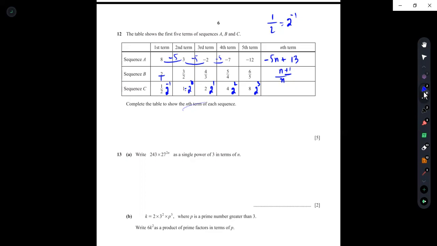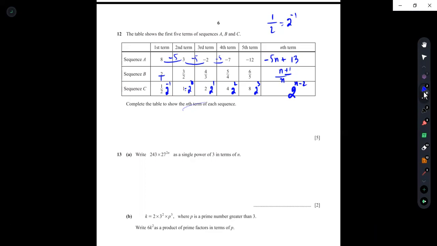In the third position, the power is 1. So from the position, if we take 2 out: 3 minus 2 is 1, 2 minus 2 is 0, 1 minus 2 is -1, 5 minus 2 is 3. So whatever the position, to get the power, we subtract 2 from the position. So for the nth term, the position number is n, so the power is n minus 2.